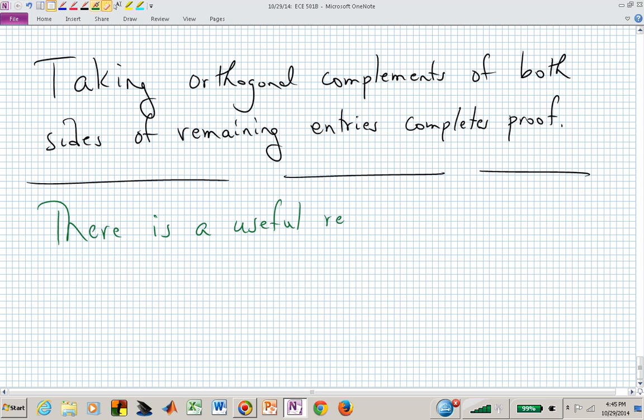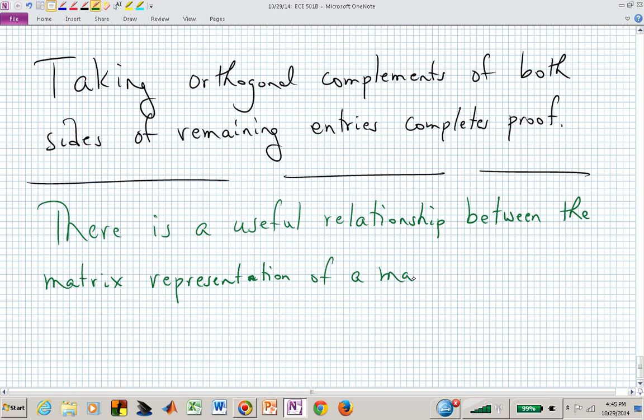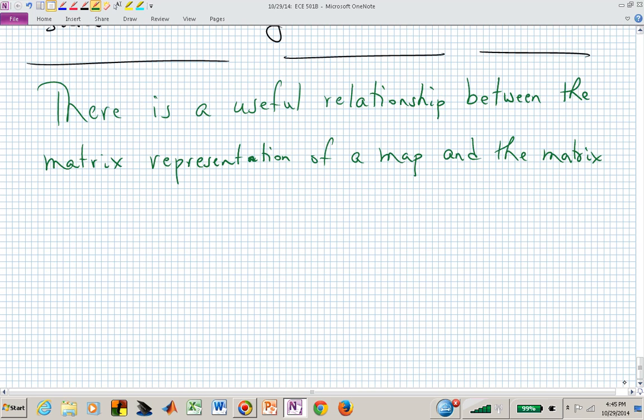And we'll find that there's a useful relationship between the matrix representation of a map and the matrix representation of its adjoint.